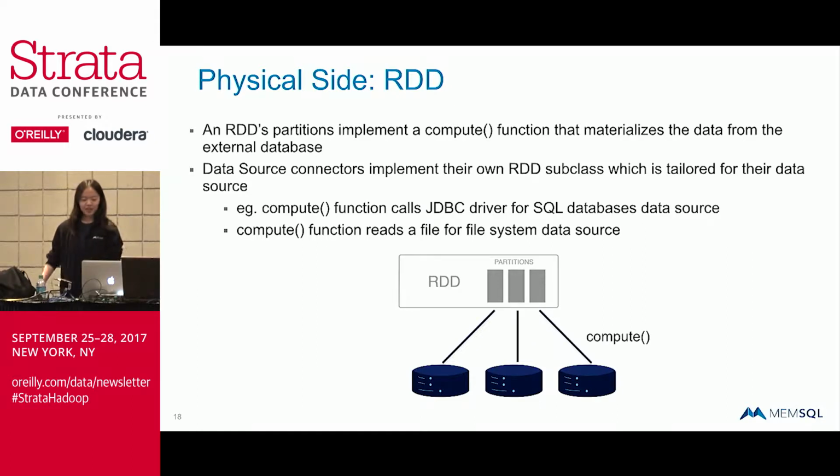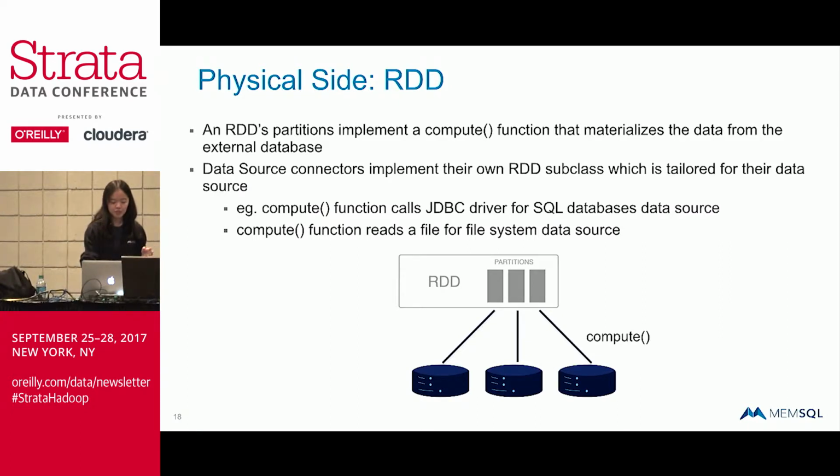So finally, you have to write a class for your physical nodes, which can actually retrieve the data from your external data source. You can subclass the RDD, which represents a partitioned data set, and provide a compute function. A compute function is called on each partition to materialize disjoint parts of the table, and together the partitions materialize all of the table.